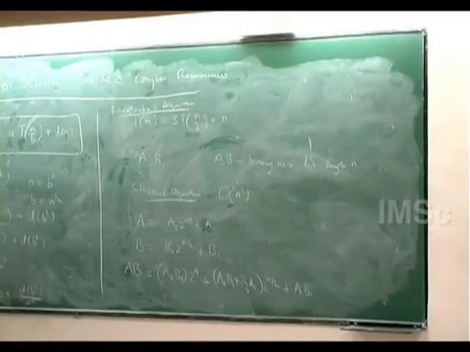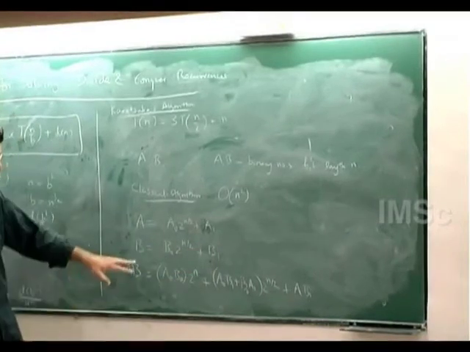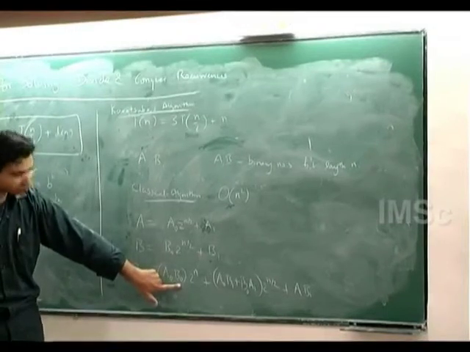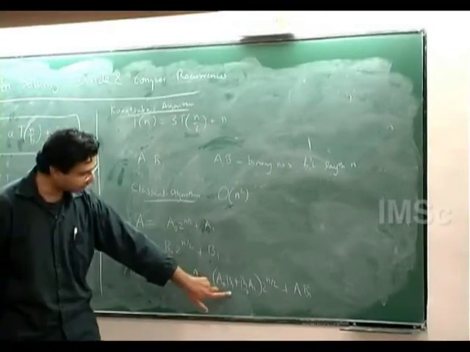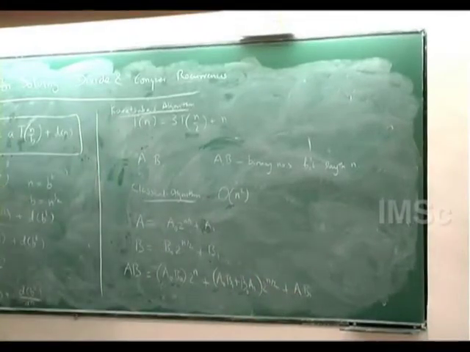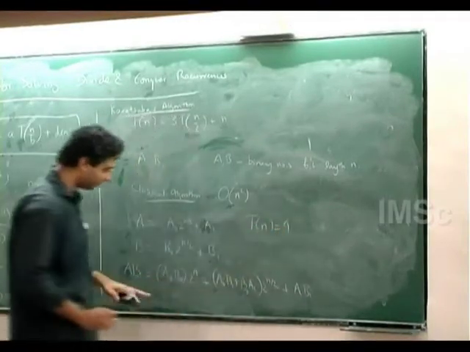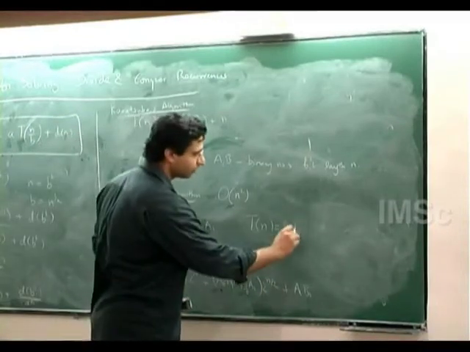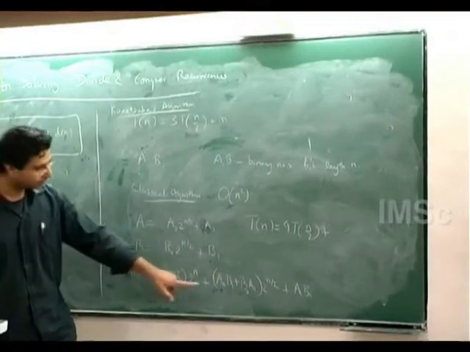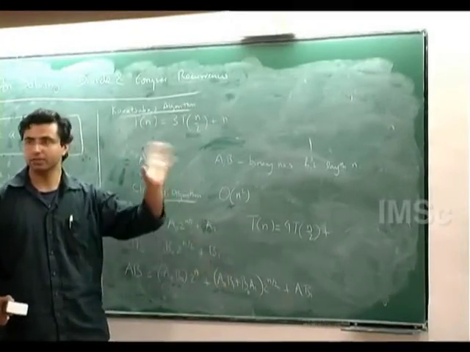And all these 4 numbers are of bit length n by 2. So if I do it in this form, what do I get? I am doing one multiplication of numbers of bit length n by 2, and another multiplication, another multiplication, another multiplication. So I have done 4 multiplications. The recurrence I get is 4 multiplications of numbers of length n by 2, plus the cost of adding these numbers of bit length n, which is roughly linear, order of n.